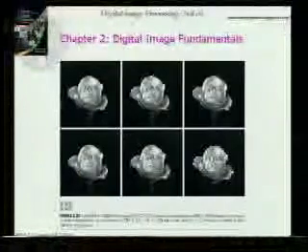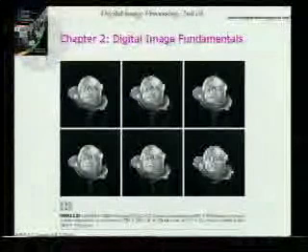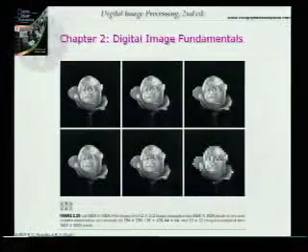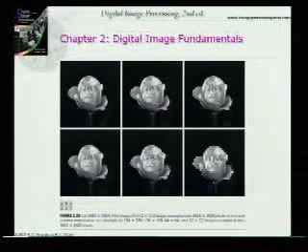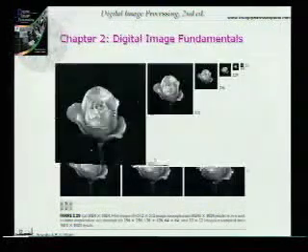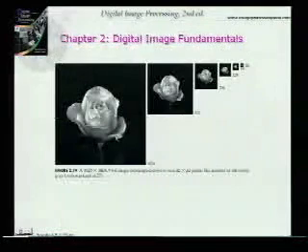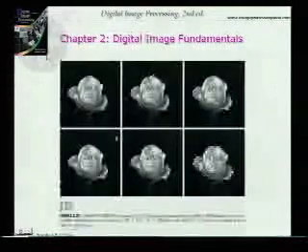What you see here is an example of keeping the spatial resolution, but replicating the pixels. So this is the same 1024 by 1024 picture as we had up here.